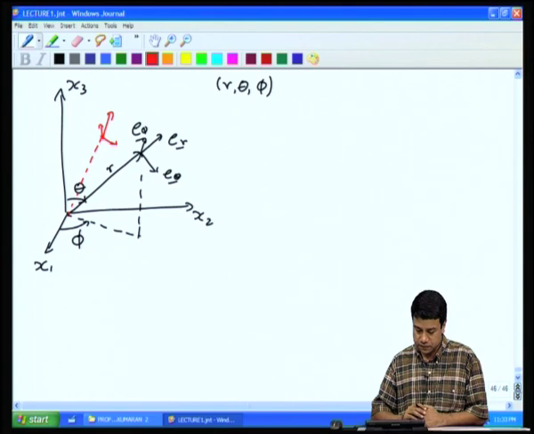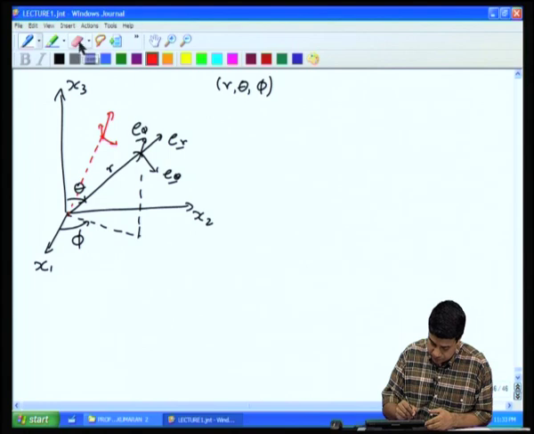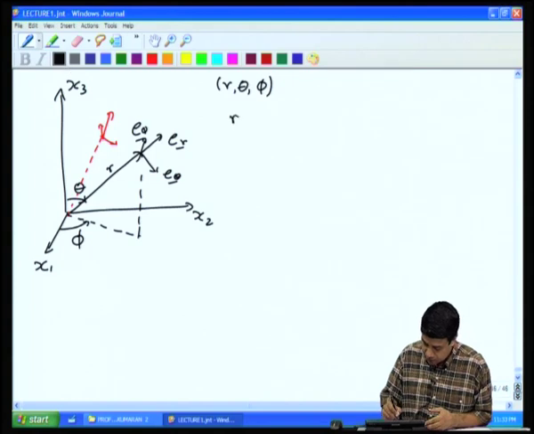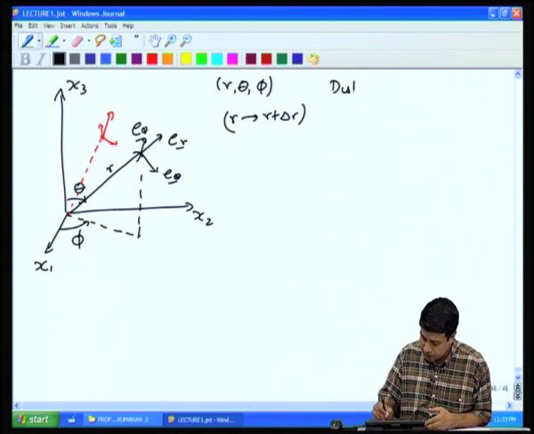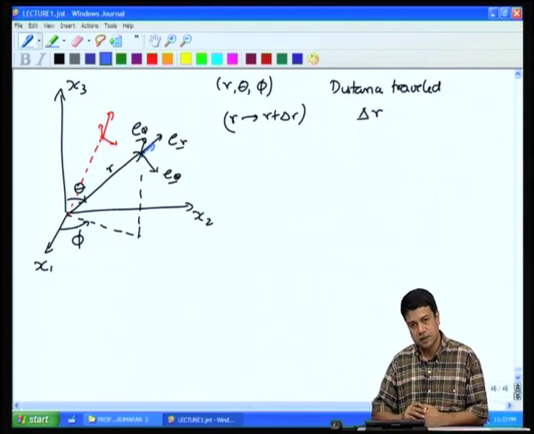Now, if I change the r coordinate from r to r plus delta r, the distance travelled is delta r itself, because if I go a small distance along the r direction, the distance travelled is delta r itself.